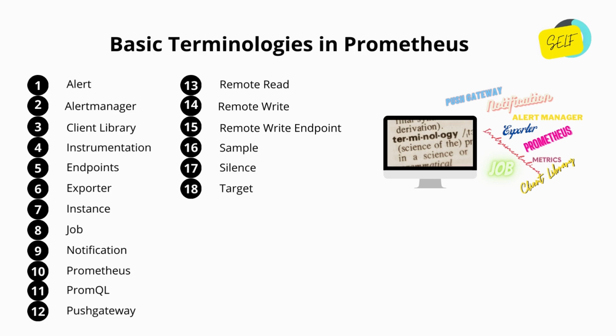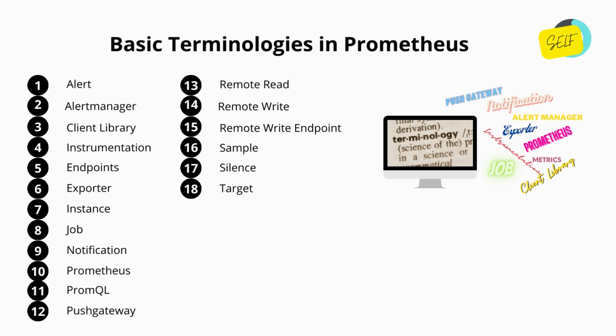Next is exporter. Exporters are different pieces of code that are already available, either officially or from third party contributors, and you can use them to make your system more observable. So you can expose the internal system's metrics over the HTTP endpoint using exporters, and that can be read by Prometheus.